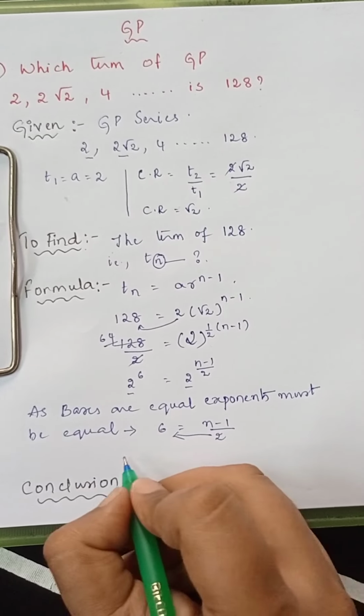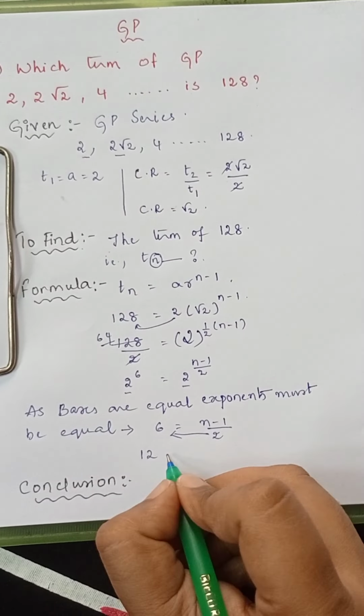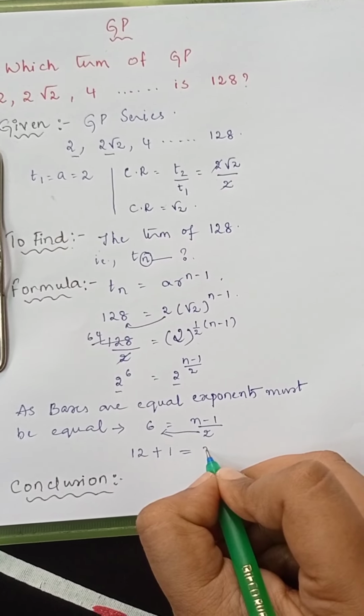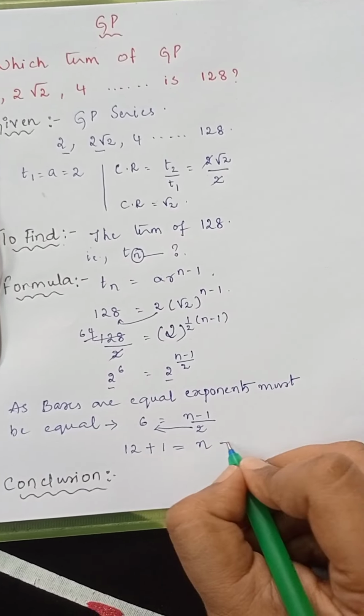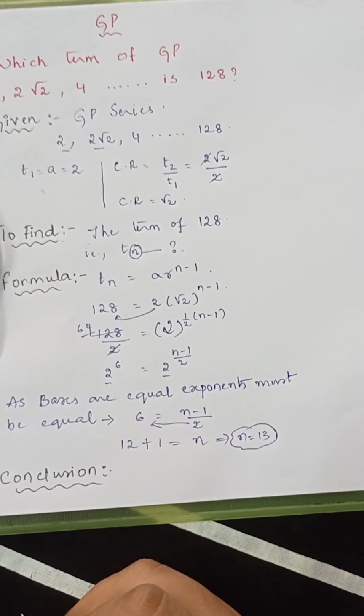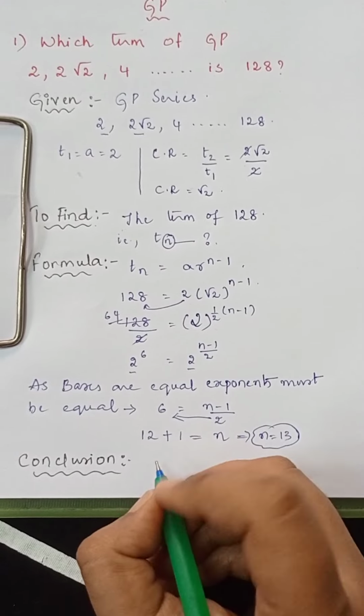By cross multiplying we'll get 12, and minus 1 will become plus 1 is equal to n. So n is equal to 13. That's it. So the 13th term is 128.